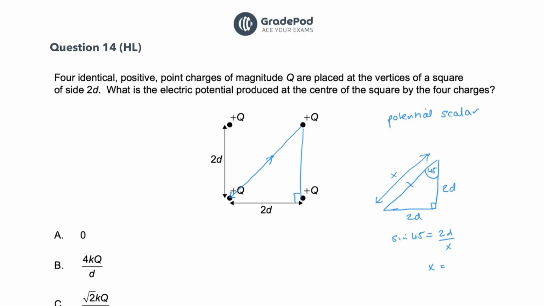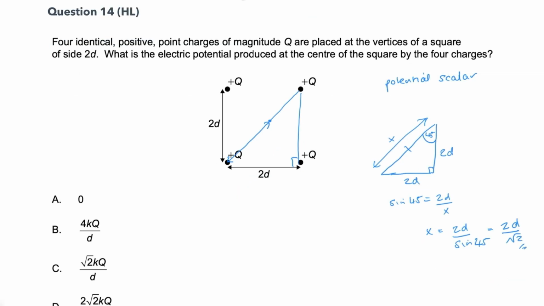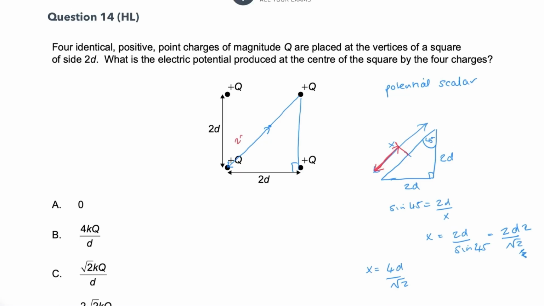So x is equal to 2D over sine 45. Sine 45 is root 2 over 2. So we'll do root 2 over 2, but we take that up to there. So we've got x is equal to 4D over root 2, but we only want half of that. So half of x, and this distance here that we're looking at is going to be 2D over root 2.